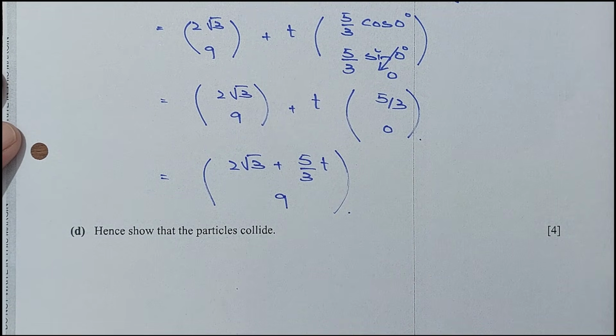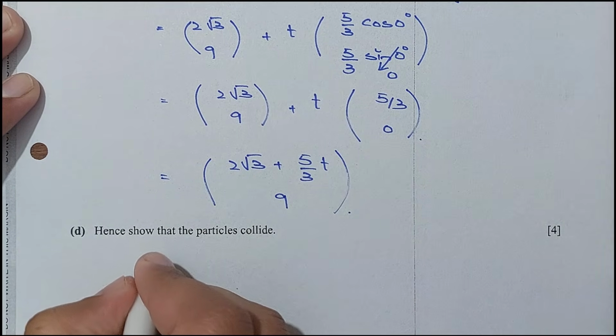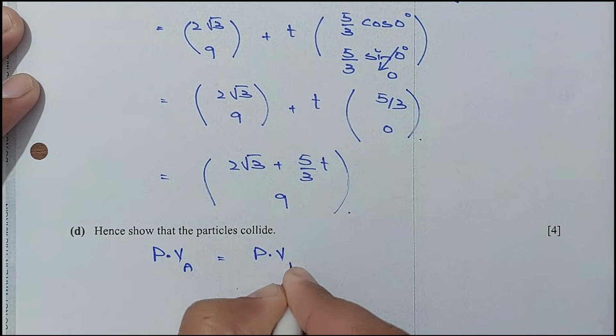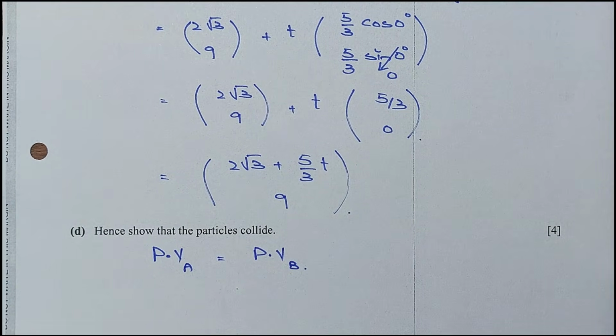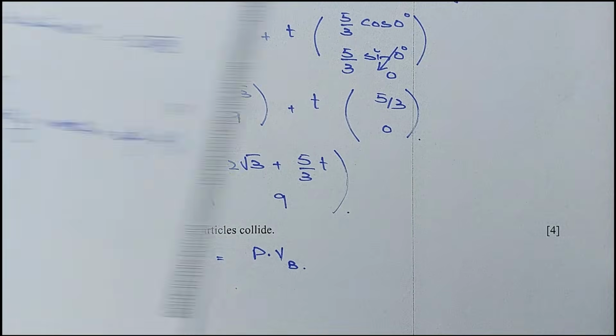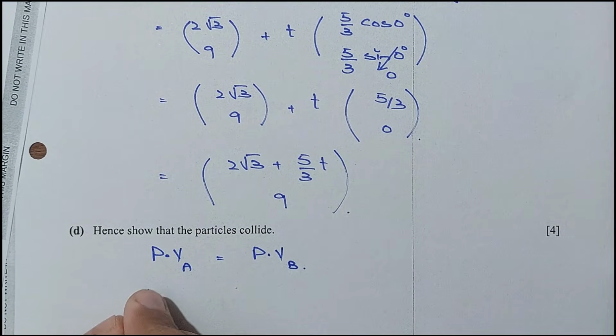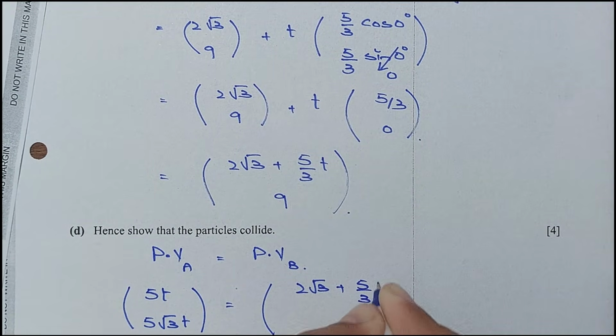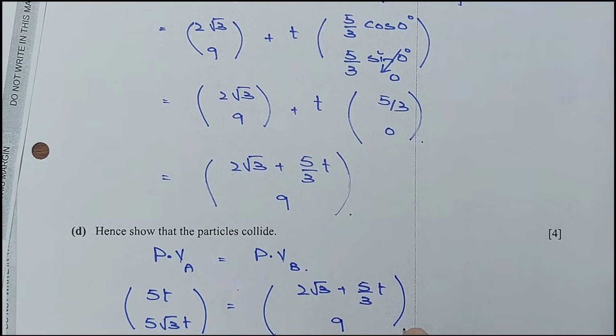Now for part D, hence show that the particles collide. When the particles collide, the position vector of particle A must equal the position vector of particle B. We have the position vector of B, and we have done the position vector of A as well. Put them equal: (5t, 5 root 3 t) equals (2 root 3 plus 5 by 3 t, 9).